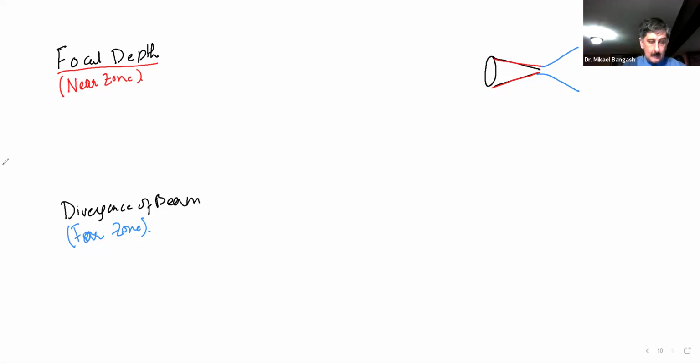Now, guys, when we talk about the focal depth, and if we talk about the beam divergence, they are both going to be related to two things.